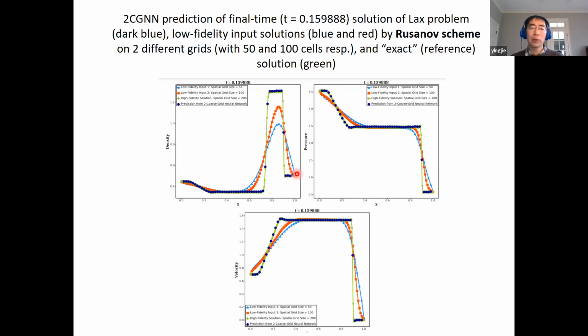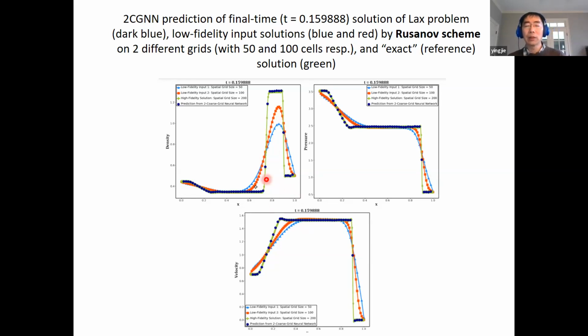We use these two diffusive solutions as input and feed them into the neural network, which is TensorFlow, with 8 hidden layers and 300 neurons on each layer. The predicted solution is the dark blue, and it's very sharp, with very few points in the transition at the discontinuity. I would guess that if our reference solution is sharper, the neural network prediction can be further improved, but I think this is already good enough.